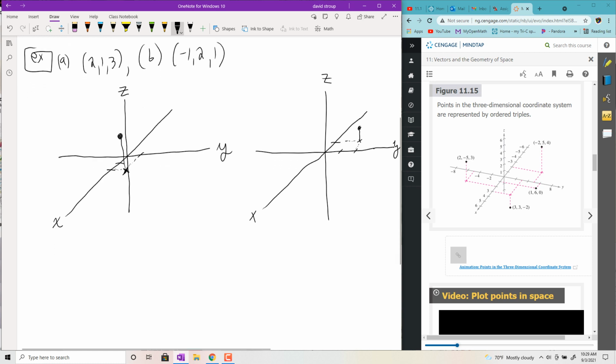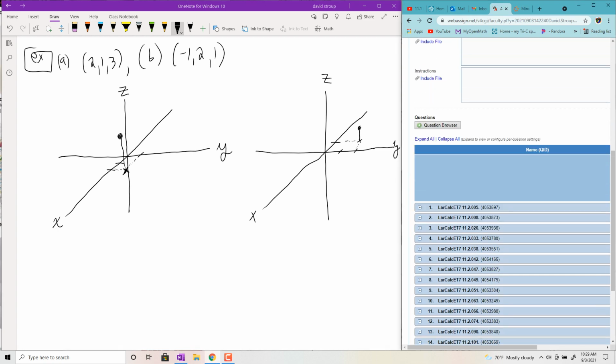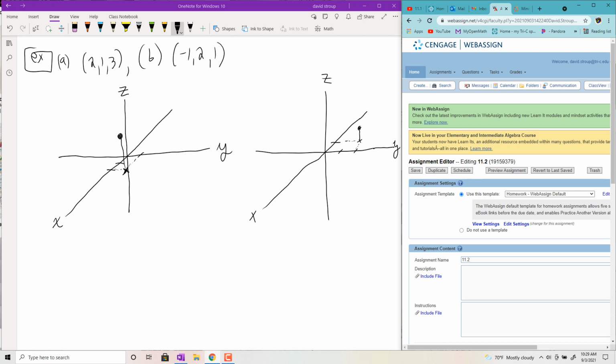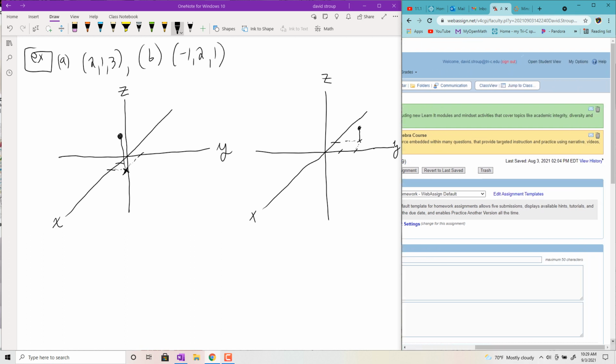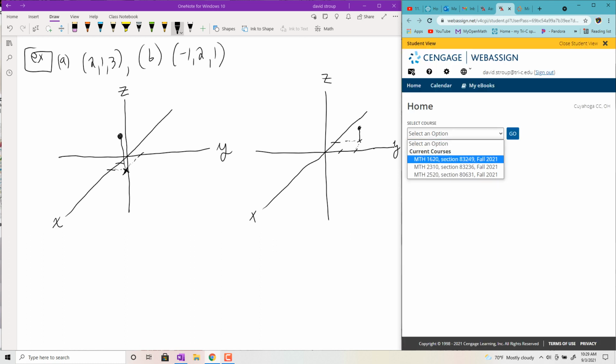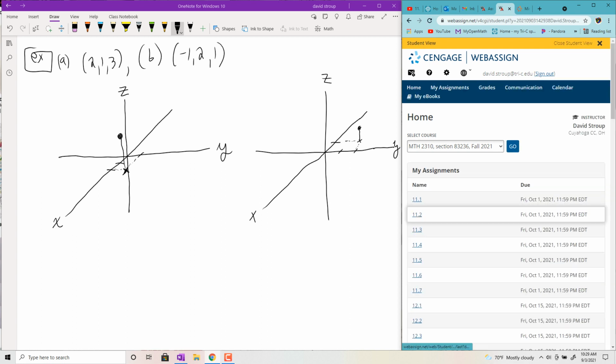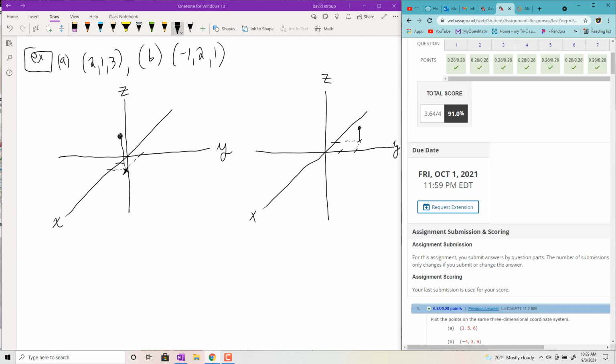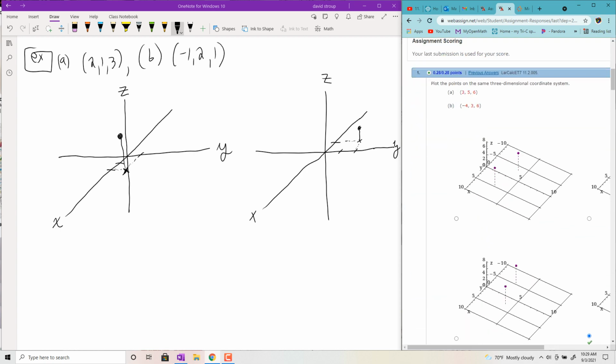In the homework software, usually what they do is give you a picture. Let me see if I can find my open student view, 11.2. Yeah, so it's multiple choice for them. The way they've drawn their axes is not even like mine, which is kind of weird.